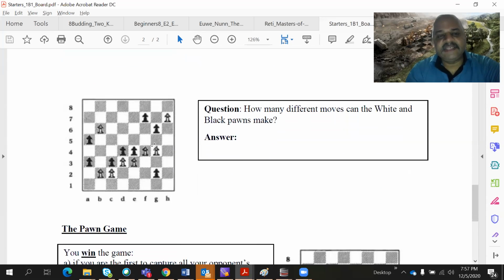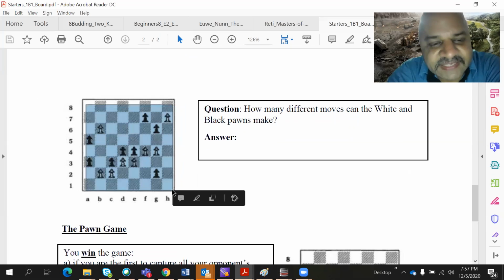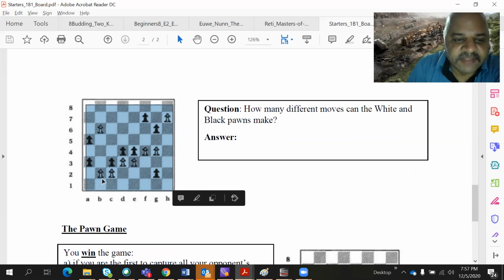Now this is homework for you in this position. If somebody has counted, because the handout was shared, then you can tell me. Otherwise, you can send the answer on WhatsApp. How many possible moves does white have in this position, and how many possible moves does black have? Don't try to solve it now.